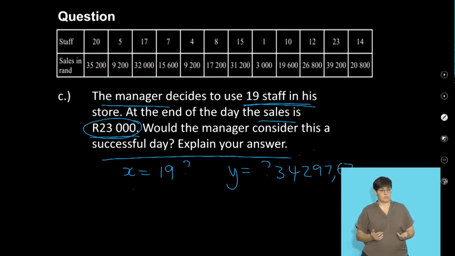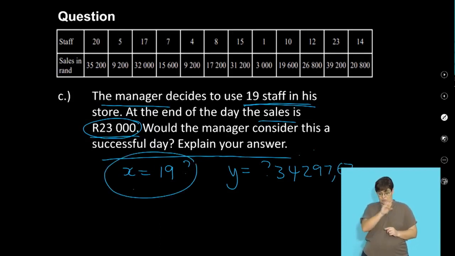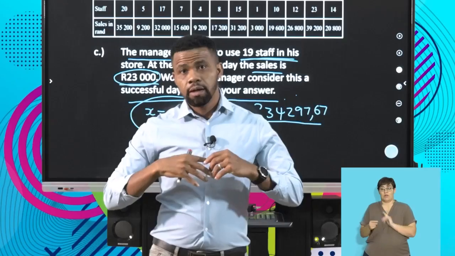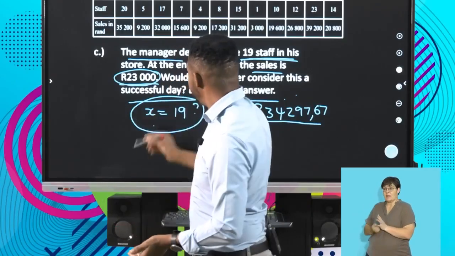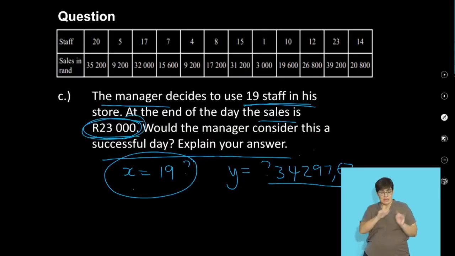So we used our regression, where we see X, we put 19. This is what we get. That's the expected sales using the regression model for 19 staff members. But the manager got 23,000.